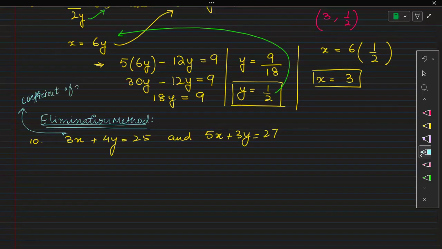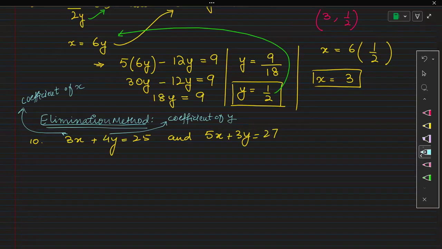And here, this is called the coefficient of y. Now, if you look at the coefficients in the first equation, 3x plus 4y equals 25, and the second equation, 5x plus 3y equals 27, what if I choose one variable and make the coefficient the same?